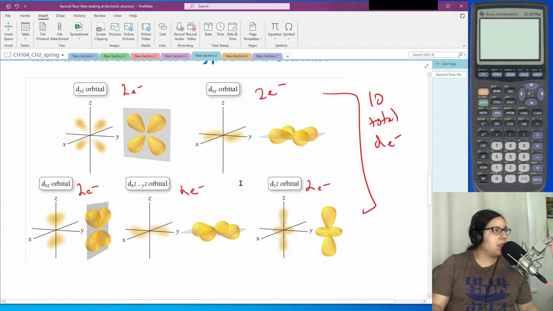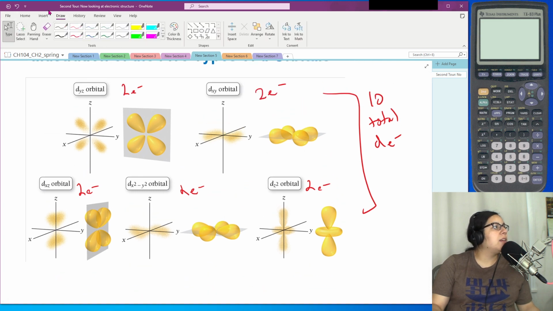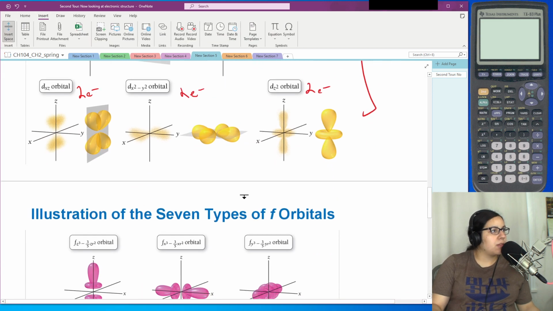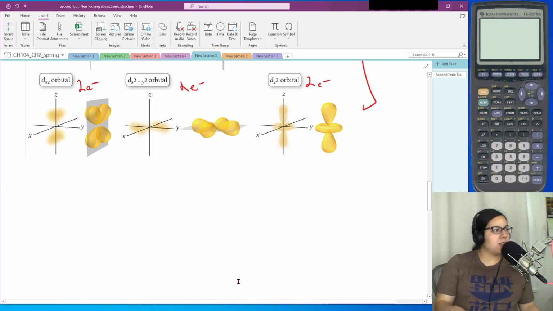And the long and the short of why that is, when we do this, we're going in order and we're just expecting that all the p orbitals are degenerate, all the d orbitals are degenerate.